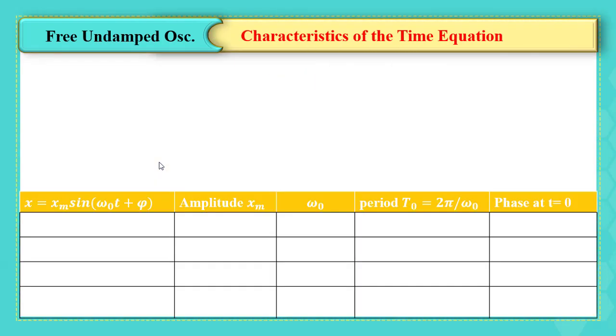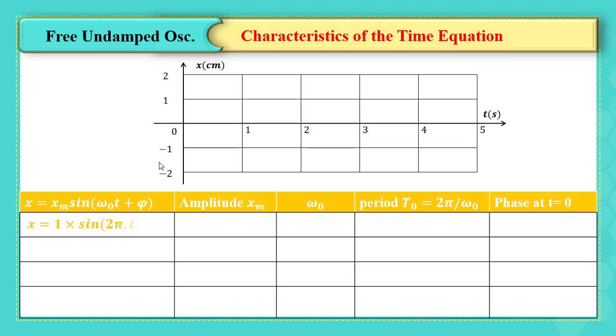In addition to their meanings, we should understand more how they affect the motion. So suppose we have a time equation like x equals 1 times sine 2 pi t. The amplitude is 1 centimeter. Omega 0 is 2 pi radians per second. And following the expression T0 equals 2 pi over omega 0, the period is 1 second.